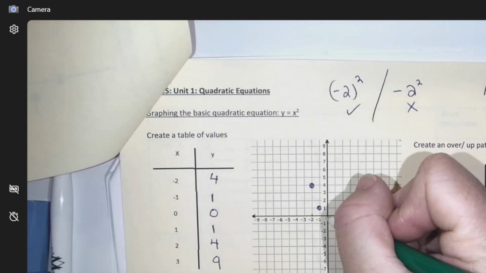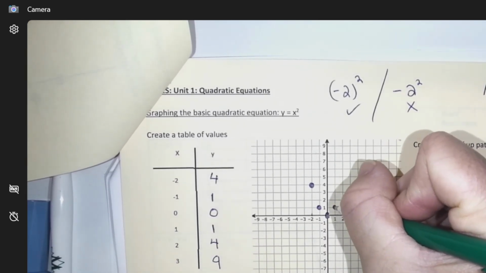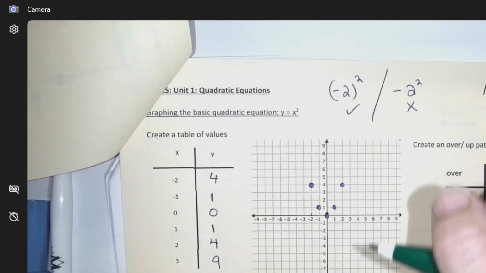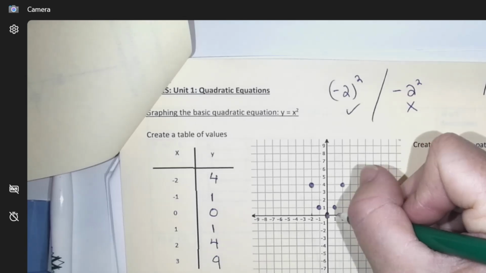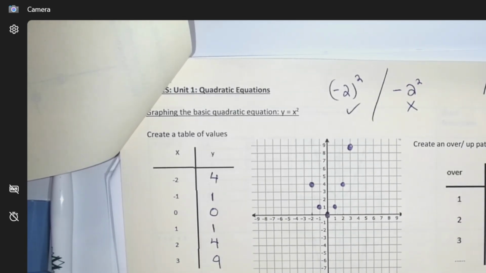You're going to go right on the origin, 0, 0. Right 1, up 1. Right 2, up 4. Right 3, up 9.